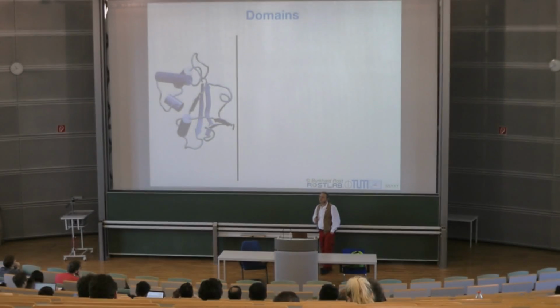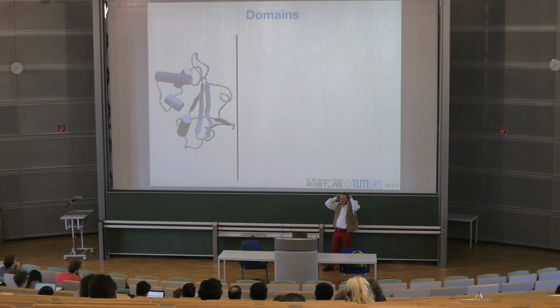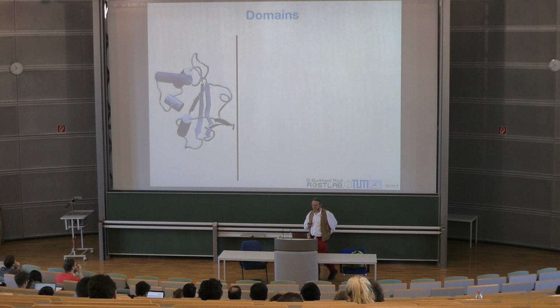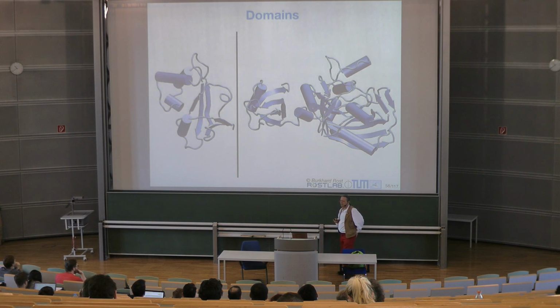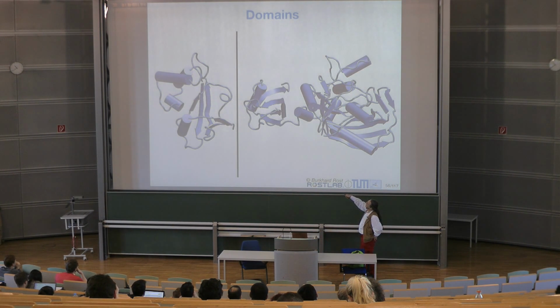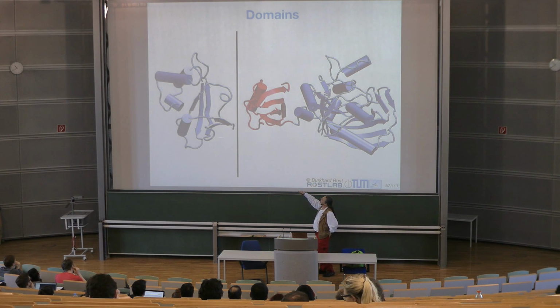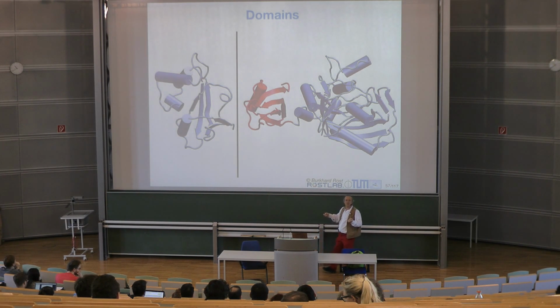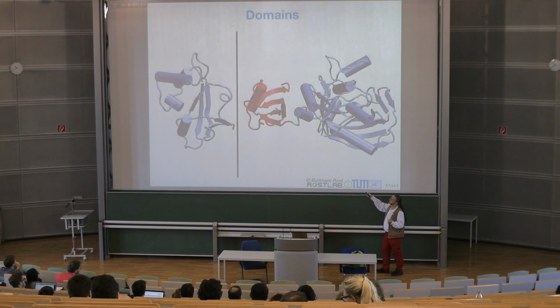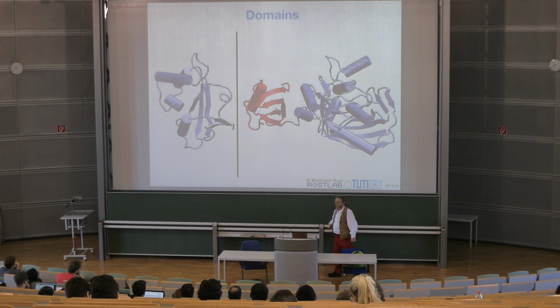Here's another way of looking at domains, and now this is really the same image as before, but showing you the structure. And you may or may not see that there is some similarity between this and that. So this one now interacts. It's a similar situation as I showed you before. So you have something that is a single molecule here in one organism, and is joined with another one in another organism. And it's still the same sort of unit.